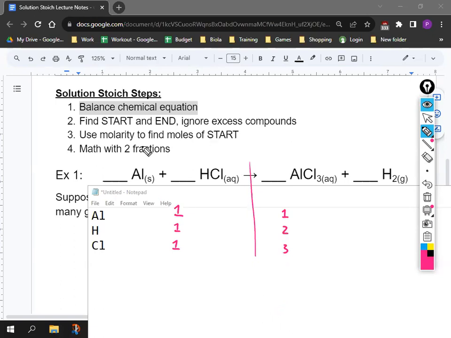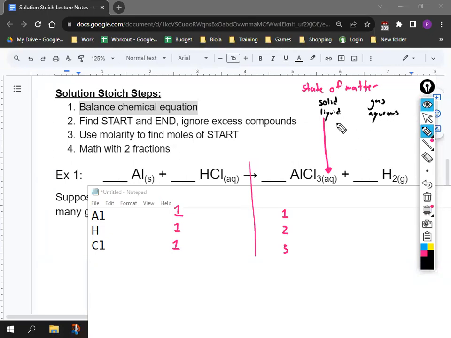Okay. All right, so before we move on, let's talk about these new things that you guys see right here, these things in parentheses next to the compound. We call them the state of matter notations. Basically, what these are telling you is whether that chemical is a solid, a liquid, a gas, or something called aqueous.